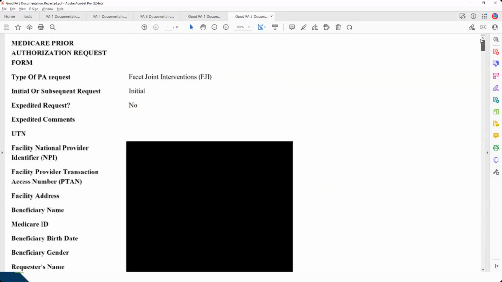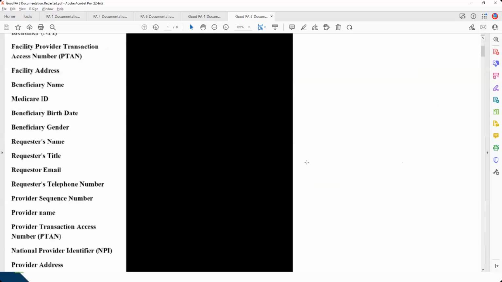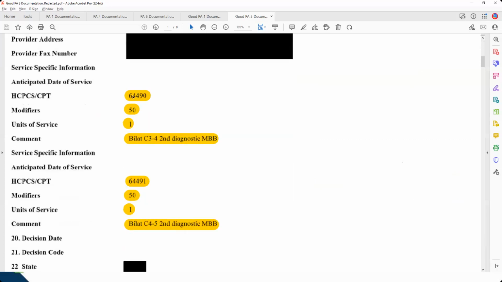And then here's one more example of a good example. And again, you can see that we have the request form filled out pretty much the same way as the last. So again, we have the CPT, we have that they're using the 50 modifier, which signifies bilateral.